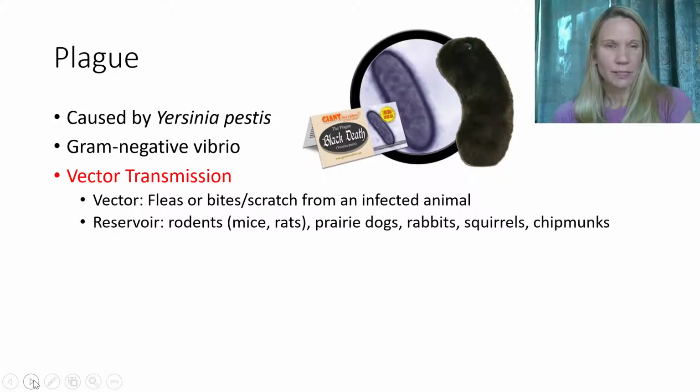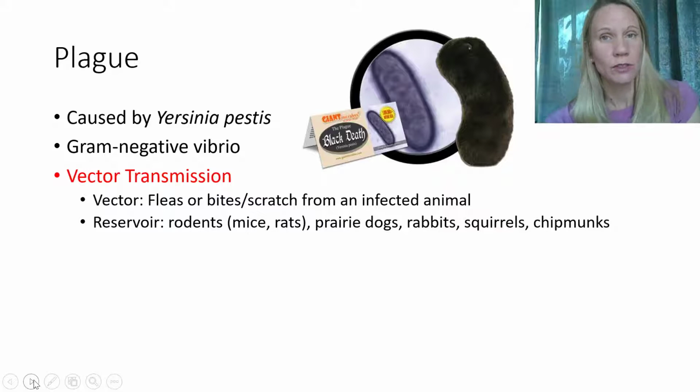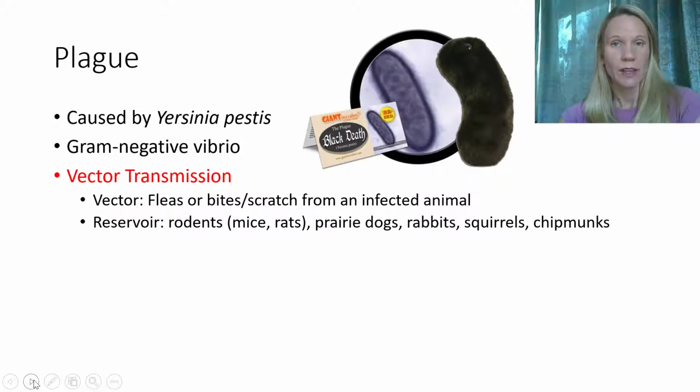So, methods of transmission. Vector transmission is the most common method of transmission for bubonic plague. So flea bites, and one of the ways that this pathogen ensures its transmission is that it blocks the esophagus of the flea. So the flea has difficulty taking a blood meal and begins to feel starved or ravenous.